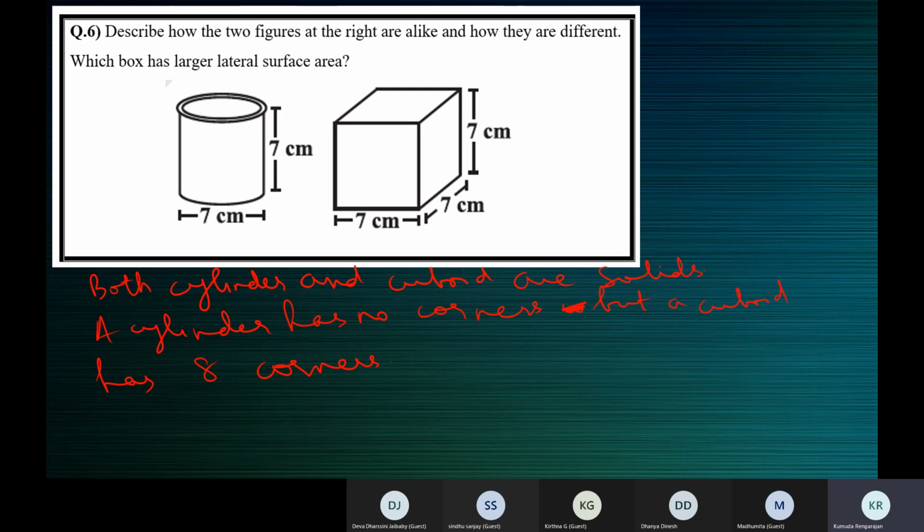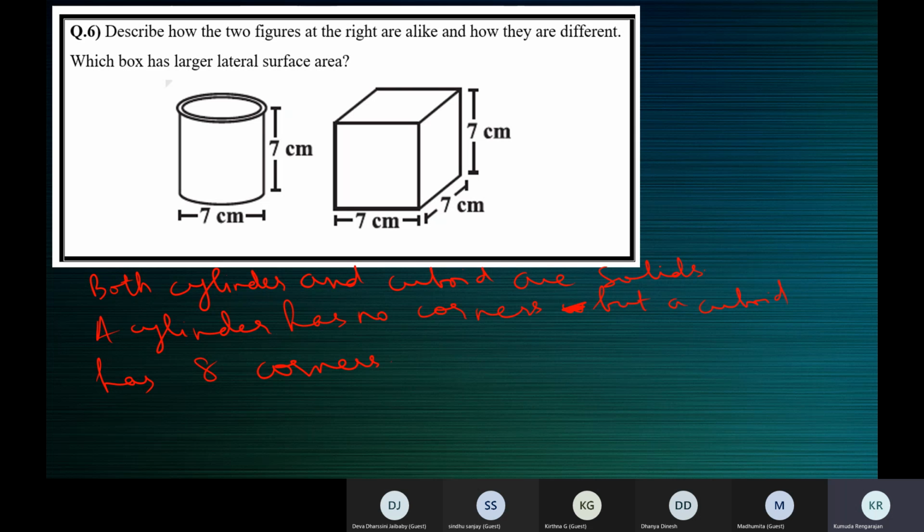Yes, children, write this. Both of them are solids, so that's a similarity. A cylinder has no corners because the top and bottom faces are circular.